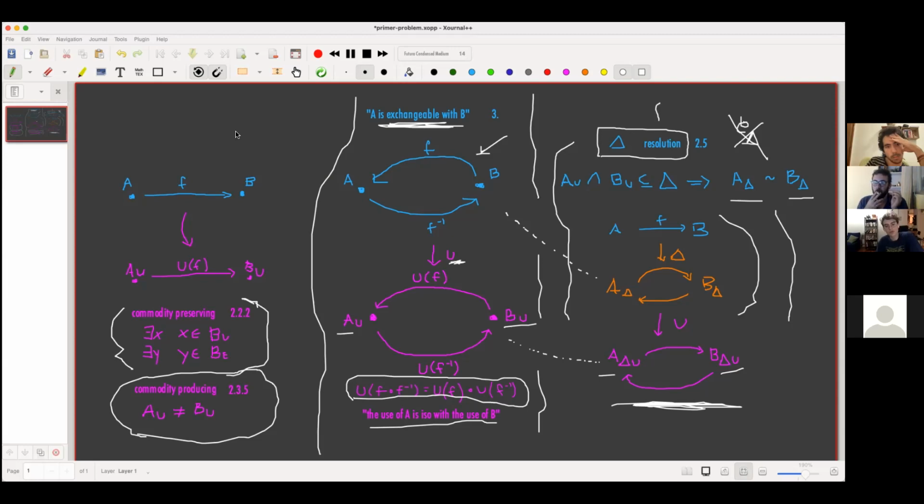So you're saying we should start with uses more fundamentally, right? I don't know if I'm interpreting this correctly, but it seems like this functor in the middle almost should go in the opposite direction.